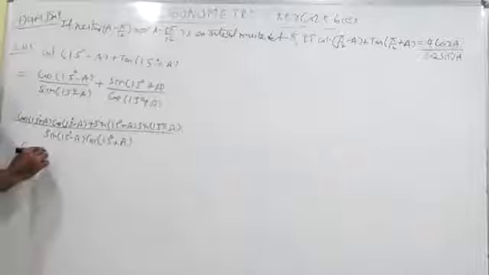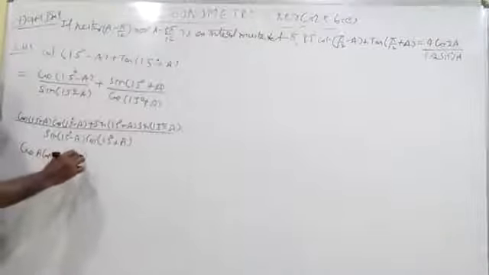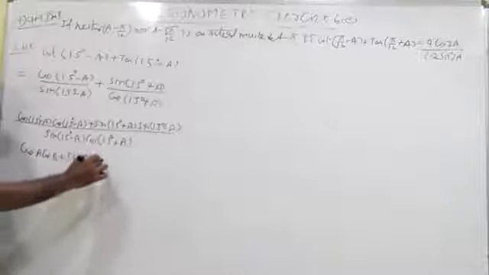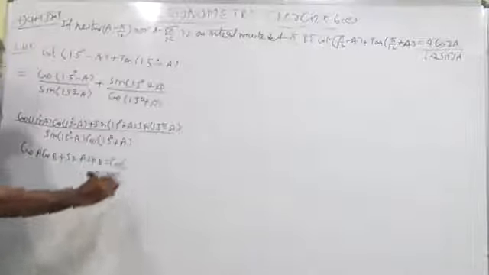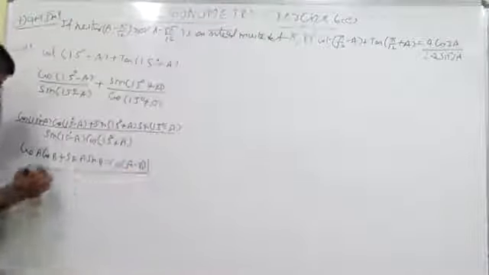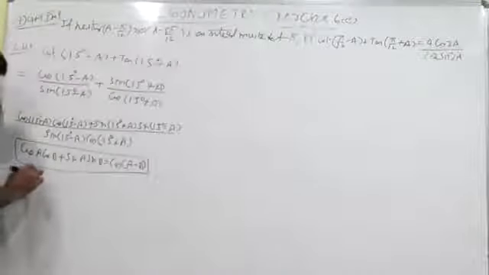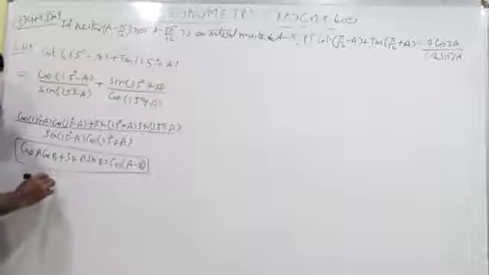If you know the compound angle formula, cos A cos B plus sin A sin B is cos of (A minus B). If you know the formula properly, then only you can understand whether it is trigonometry or algebra or anything.